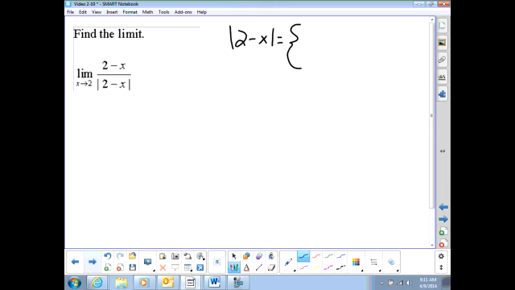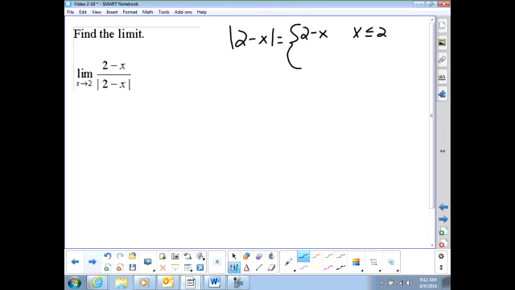If you have x values that are less than or equal to 2, so if you have things like 2, 1, 0, -1, -2, and so forth, when you plug those in for x, you get a positive inside the absolute value. Because you get positives inside the absolute value, when you take the absolute value, it doesn't change anything. So when x's are less than or equal to 2, you just get whatever 2 minus x is.